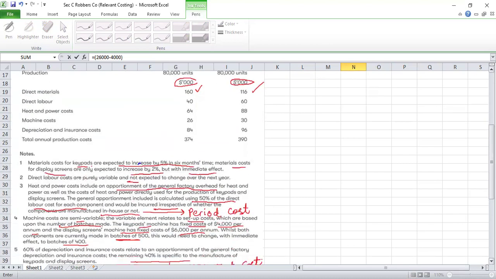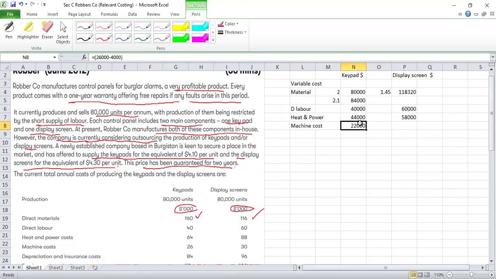22,000. And now he is saying what? While both components are currently made in batches of 500, this would need to change with immediate effect to batches of 400. So we need to calculate the number of batches basically.